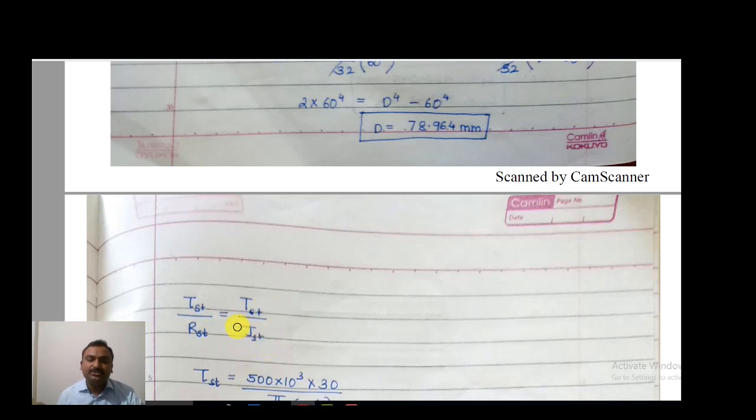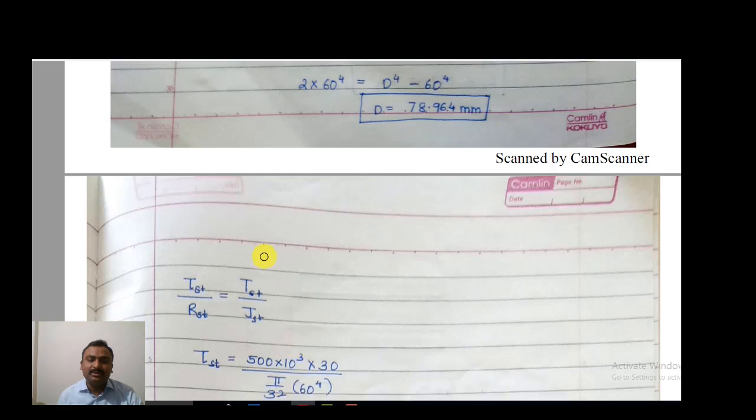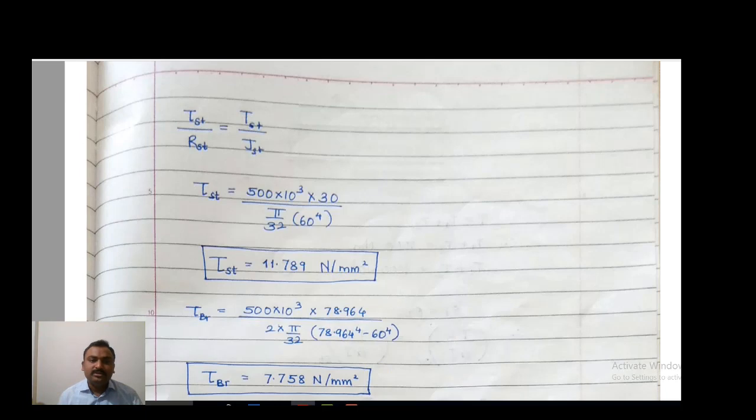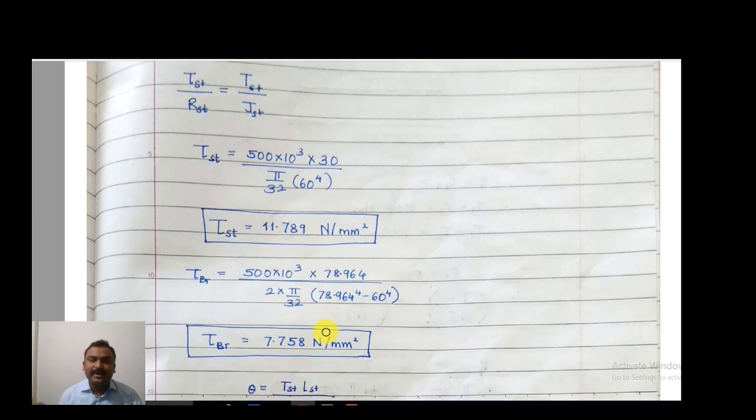Put the values: torque 500 into 10 to the power 3 Newton mm into 30 as the outer radius, by pi by 32 into 60 raised to 4 for steel. You will get the shear stress 11.789 Newton per mm square. Similarly, find out for brass, you will get the value 7.758 Newton per mm square.